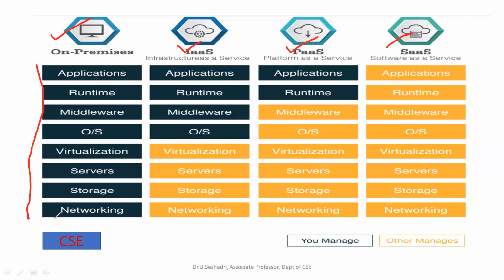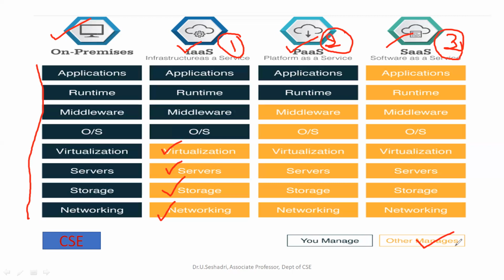Those are the cloud delivery models. The cloud delivery models are infrastructure as a service, second platform as a service, third software as a service. If you are using infrastructure as a service, you don't worry about the networking, storage, servers, and virtualization. Who takes care of them? Others manage them. See the colors I am representing; those colored parts are managed by others.